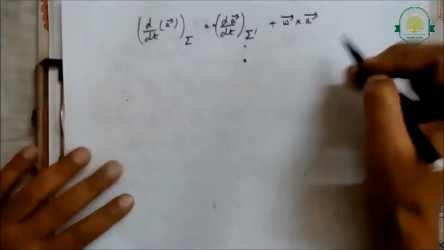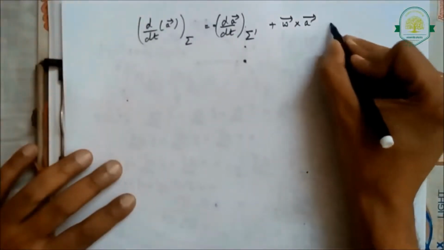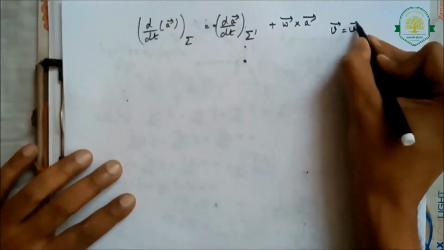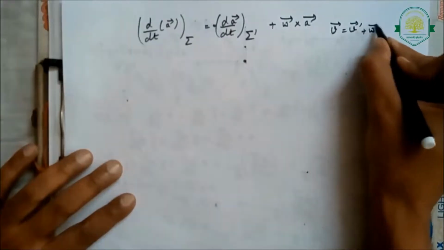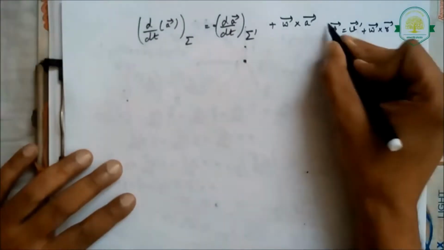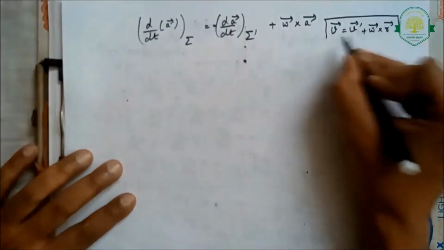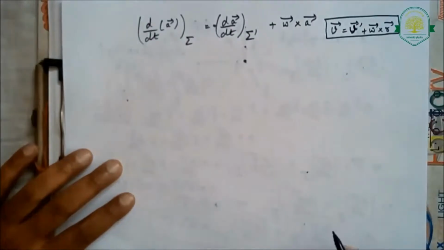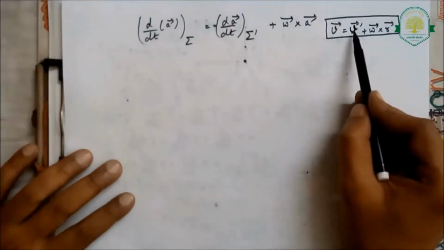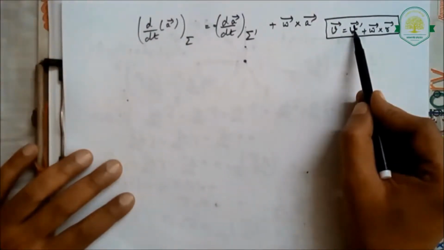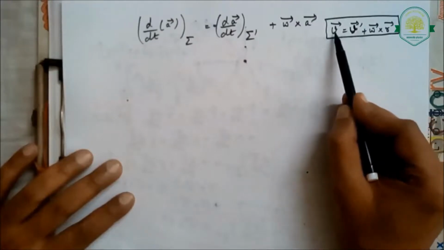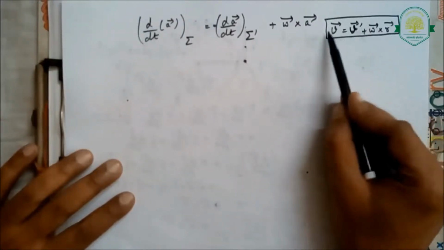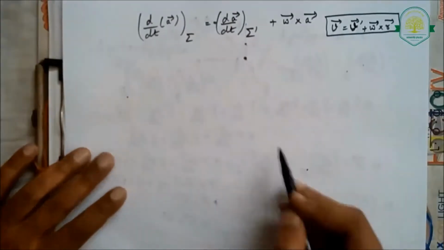So we have an equation v equals v primed plus omega cross r. This also makes sense. If v prime is the velocity of a particle with respect to the rotating frame of reference, then the velocity vector with respect to the ground frame of reference will be exactly given by this formula.